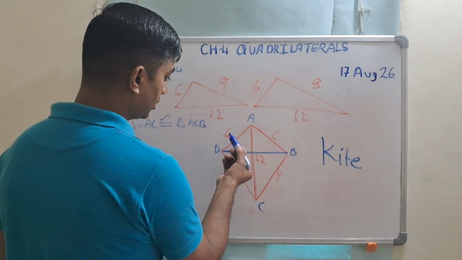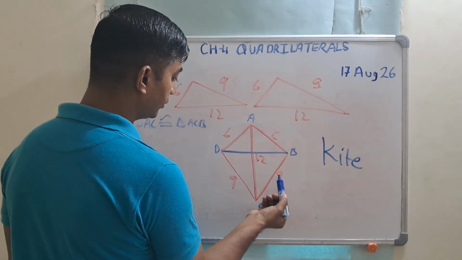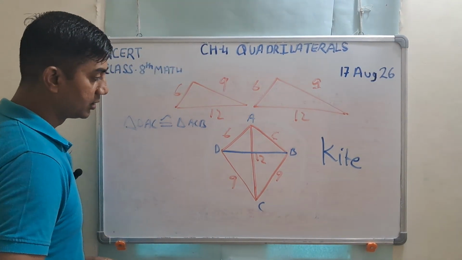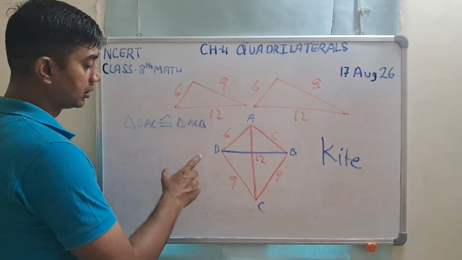Why? Because this side is equal to this side, and the middle one is the same side. So by SSS, the triangles are congruent.